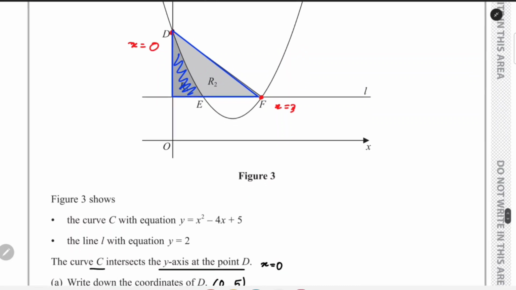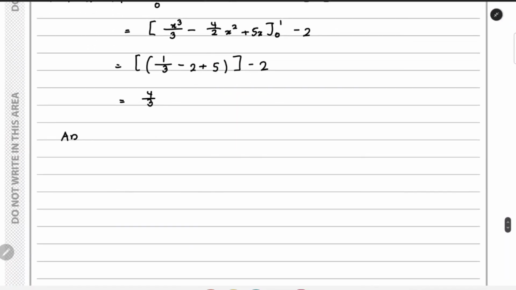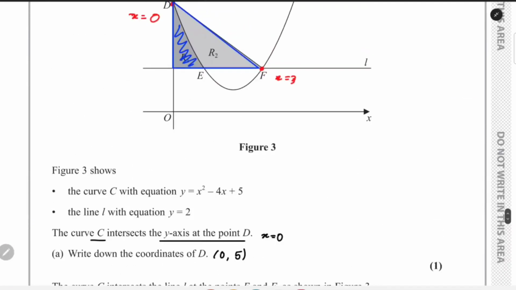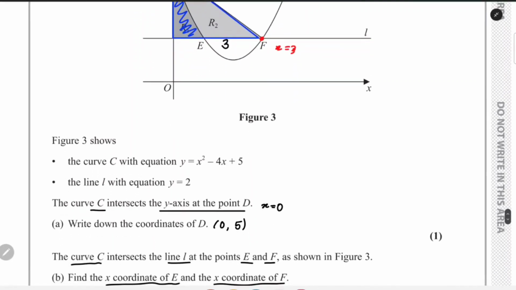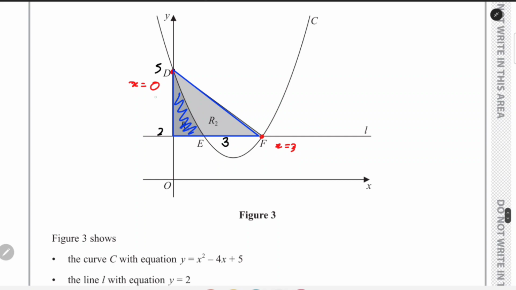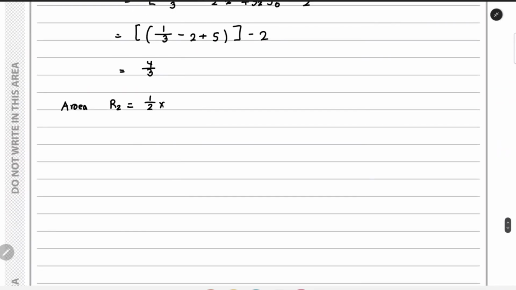So this is the simpler of the two methods. So area R2 would be, this is 3, this is 5, this is 2, so this is 3 as well. So half into 3 into 3 minus area R1, which is 4 by 3. We get a value of 19 by 6.